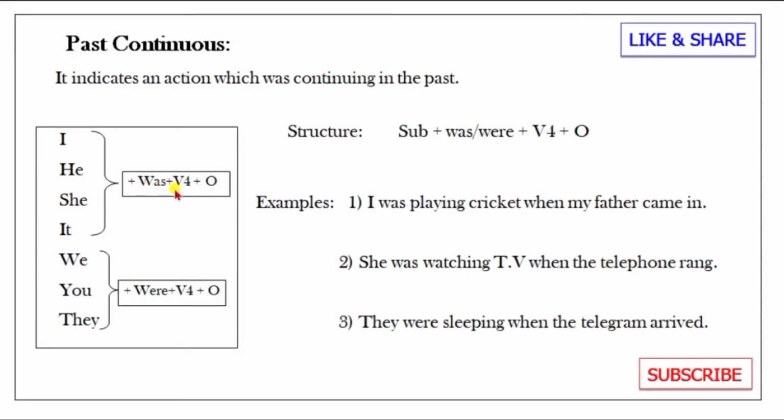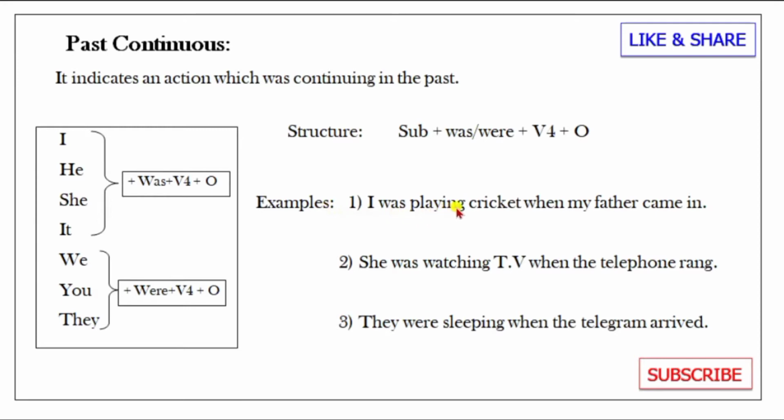After that verb 4 plus other part of the sentence or object. Here with I, he, she, it we must use was. In past continuous tense, with we, you, they we use the helping verb were, with verb 4 plus object. So it is the structure of past continuous tense.